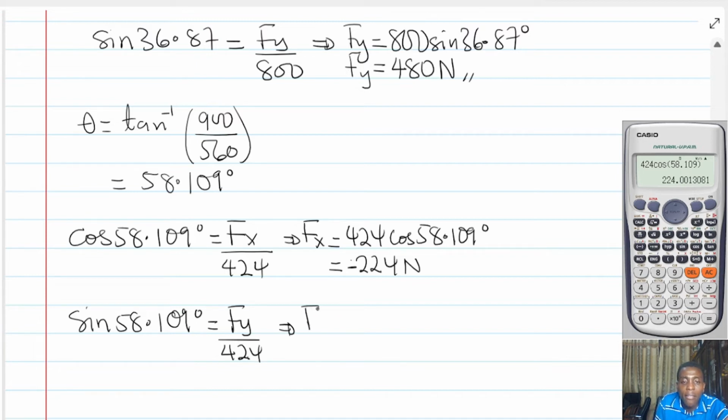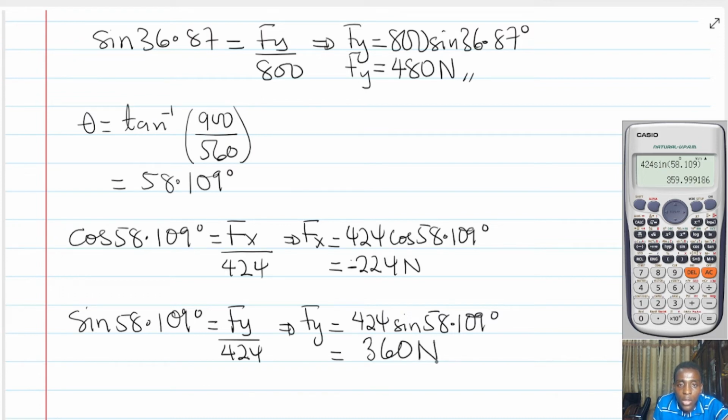It means that fy is going to be 424 sine 58.109. Okay, and what is it going to be? So I will just change this side to be sine. That's 359.999. Oh man, so that is actually 360.